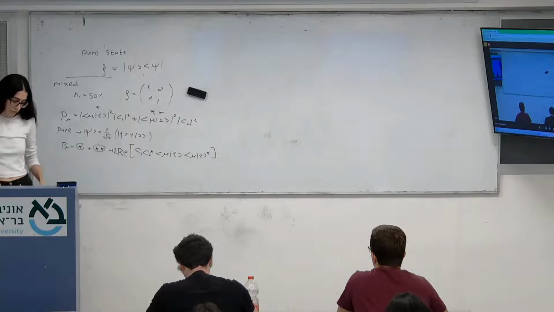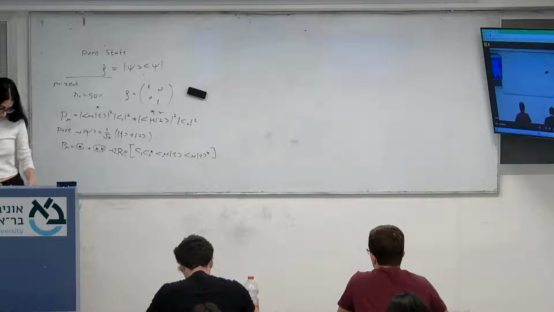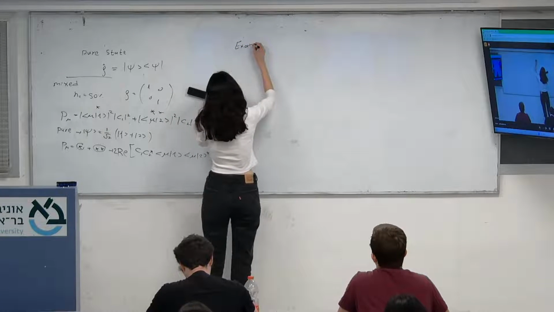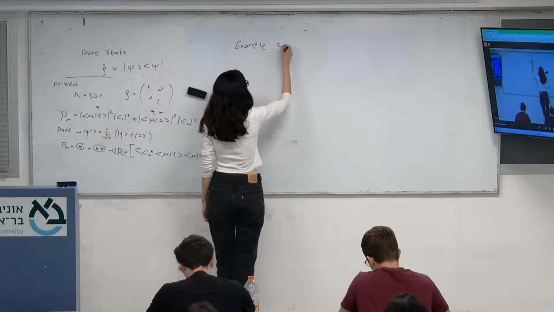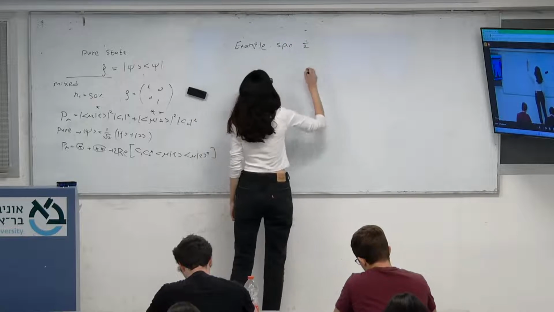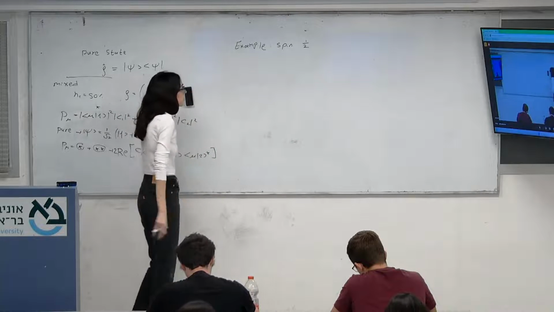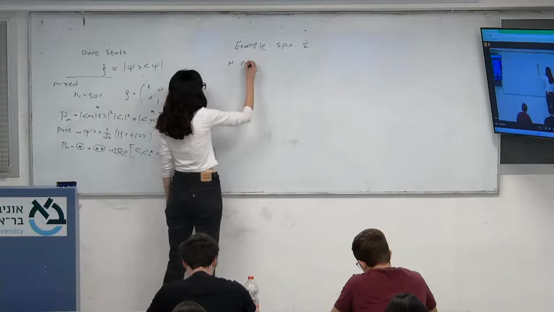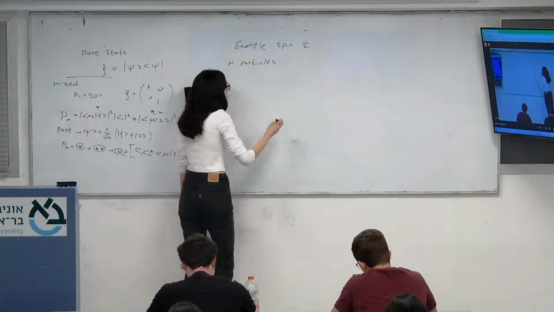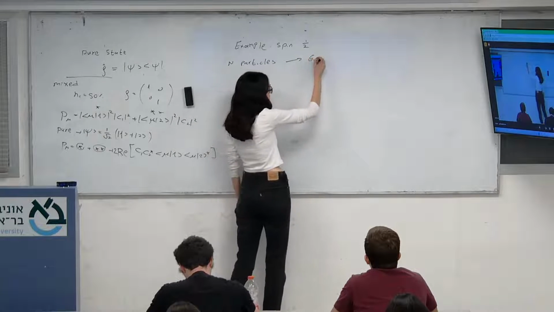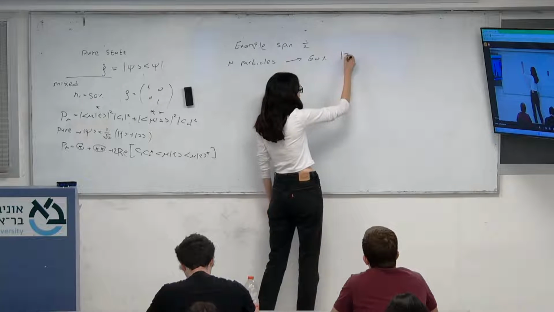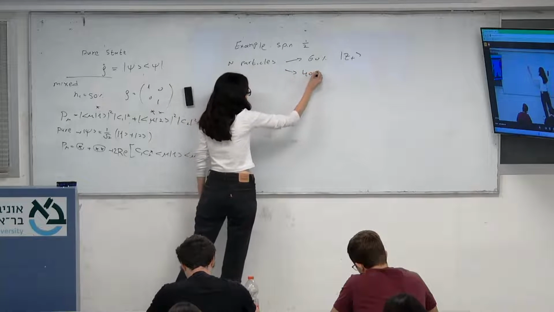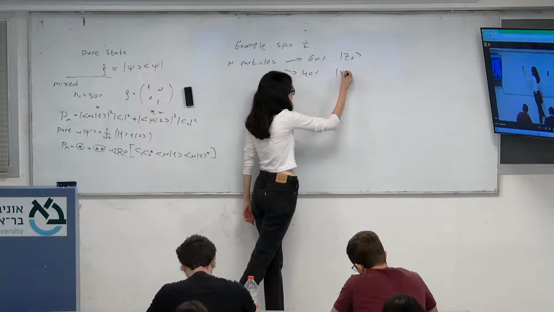Let's look at the spin half system. So we have n particles, and we have 60% in state Z plus and 40% in state X minus.